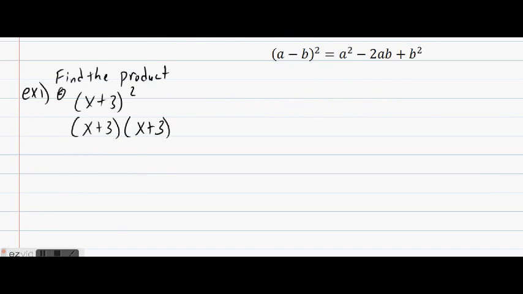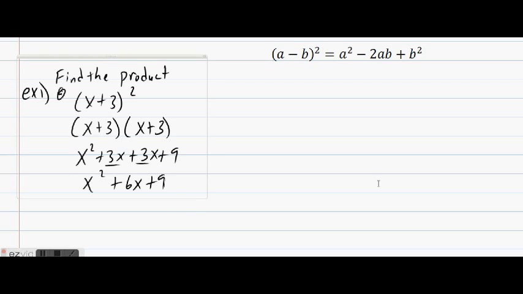If you were to use the table, FOIL, or double distributive property, you're going to get x squared plus 3x plus 3x plus 9, combine like terms, x squared plus 6x plus 9.